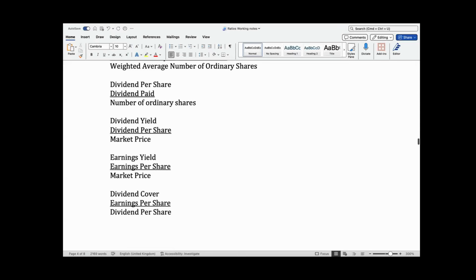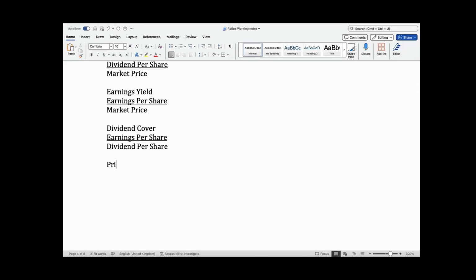And there is price earnings ratio. This formula can be gotten from the name of the ratio, price divided by earnings. Price divided by earnings per share.